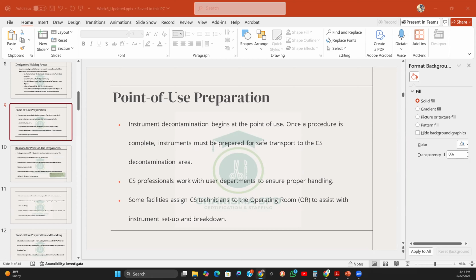So in some facilities, they assign a central sterile technician in the OR to liaise or to better prep and manage the instrument before they get to decontamination, so that everything will move on smoothly without any hitches. Yes, next slide, Director.